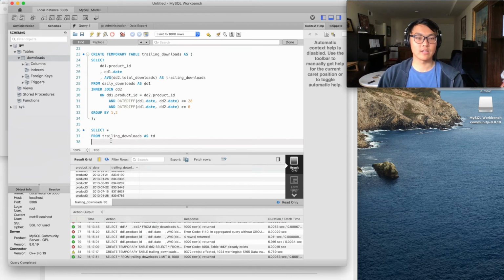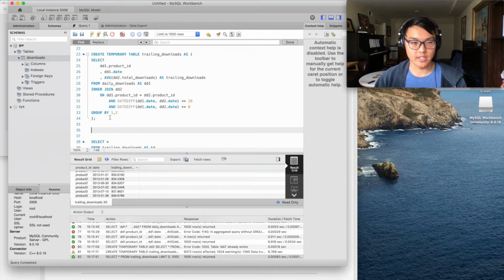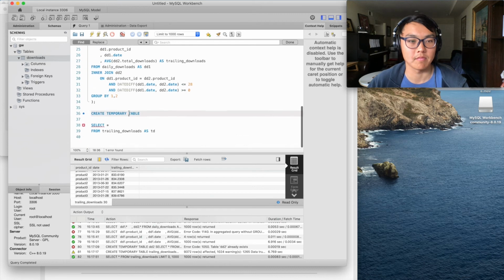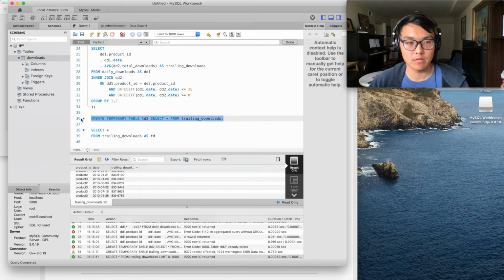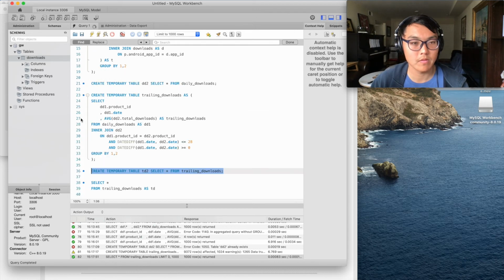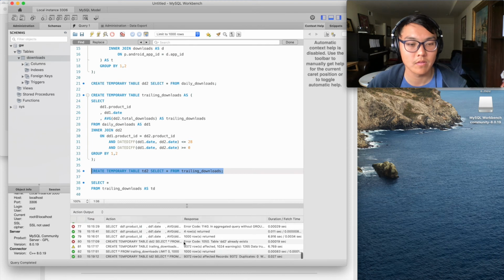This TD. Oh, and we're going to have to create another temporary table. Call it TD2. Select all from trailing downloads. Cool.